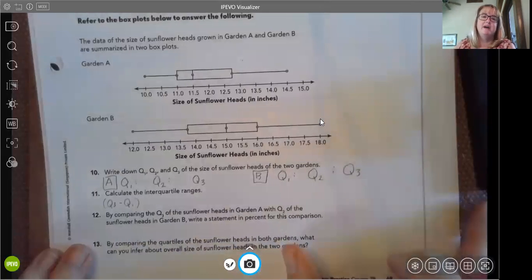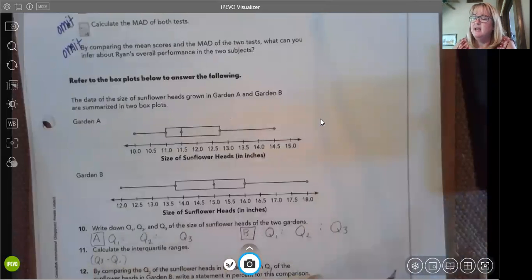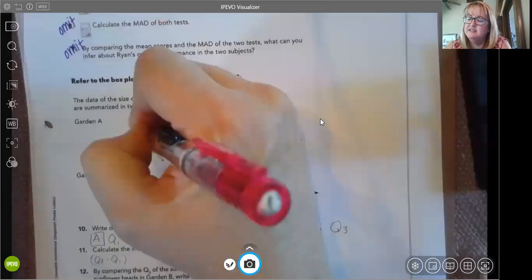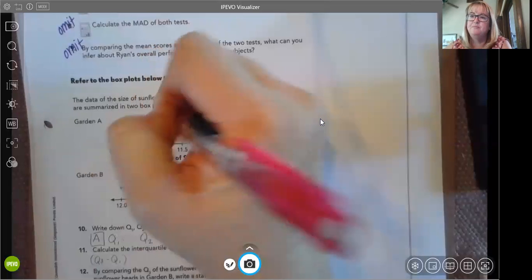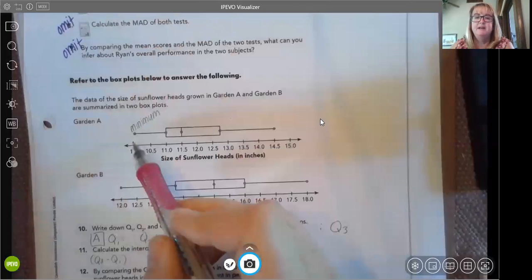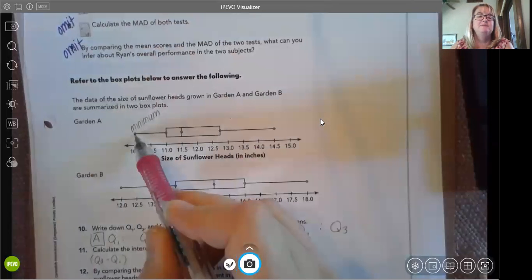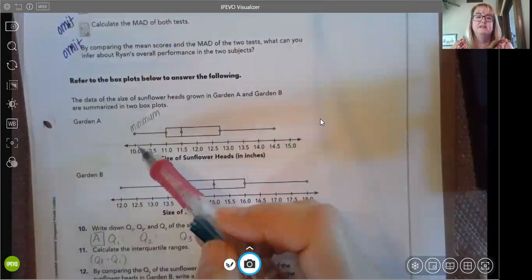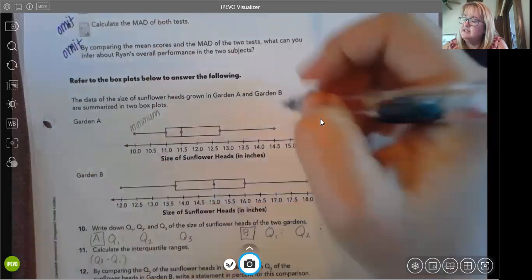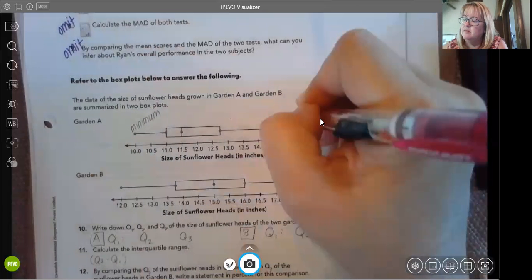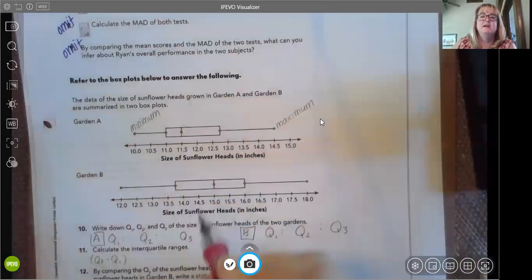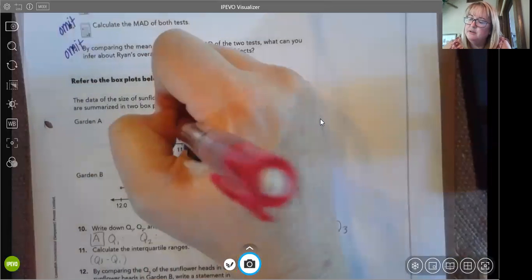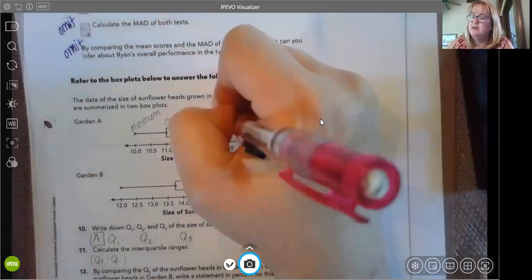Now, one thing I want to remind you of, this is a box plot. And remember, there are 5 pieces of data that are important in a box plot. So we've got the minimum. In Garden A, the minimum size of the sunflower is 10 inches. And this is your maximum. And then we've got Q1, and then Q2, and then Q3.